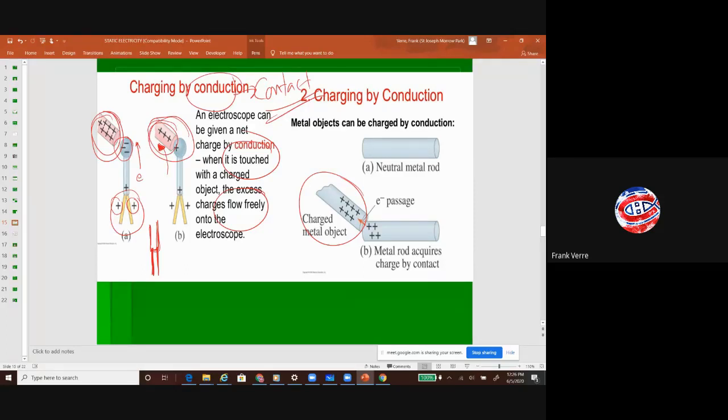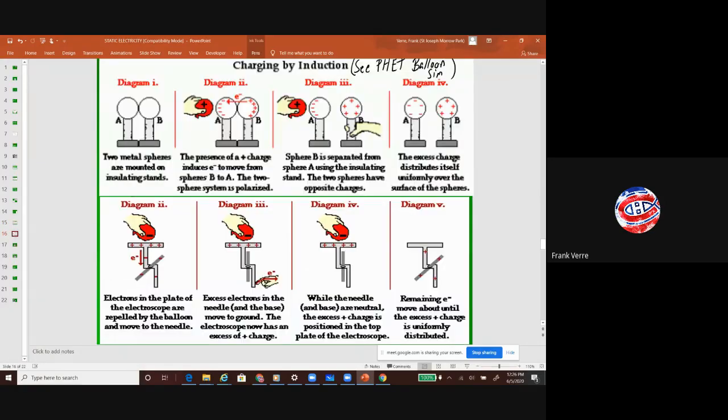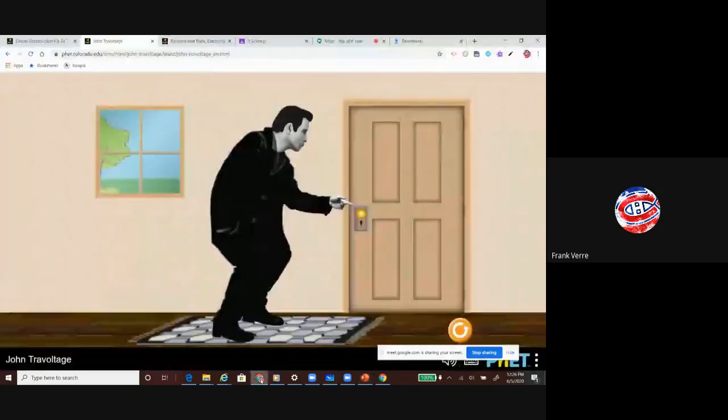We have friction, triboelectrification, or we can charge things by contact or by induction. So this one might be a little bit trickier to understand, but I think with the animation, it makes a lot of sense.